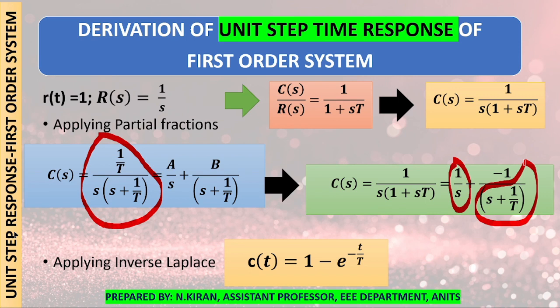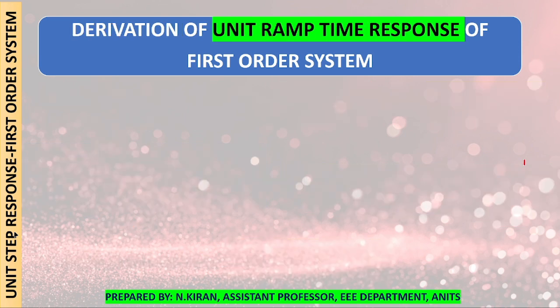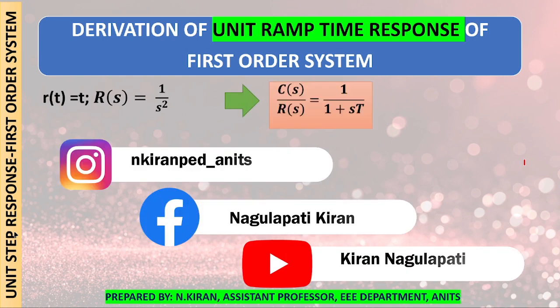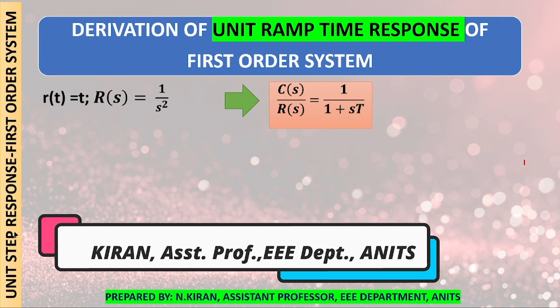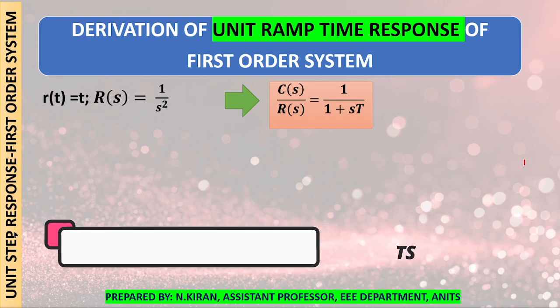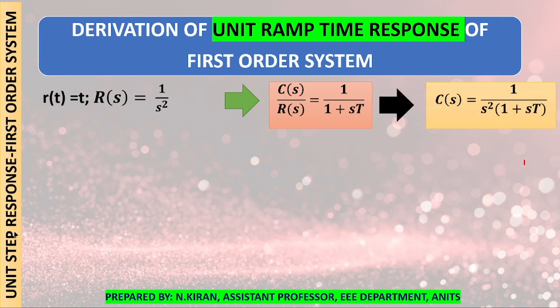The second case, let us consider unit ramp input. Therefore R(s) will be 1/s². The standard first order control system transfer function is C(s)/R(s) = 1/(1+sT). So if I substitute R(s) as 1/s², that will give me 1/(s²(1+sT)).